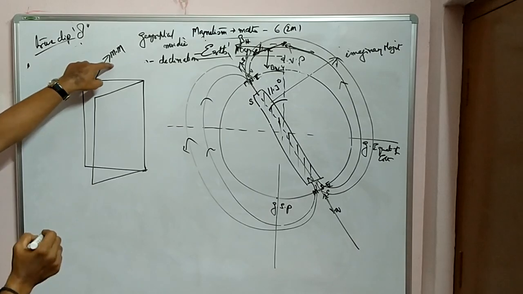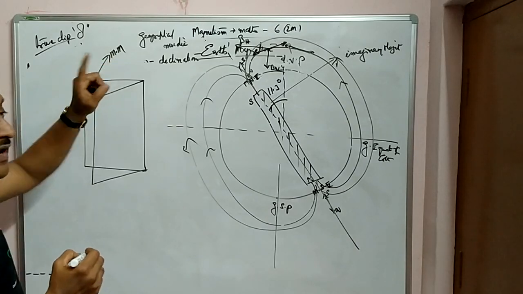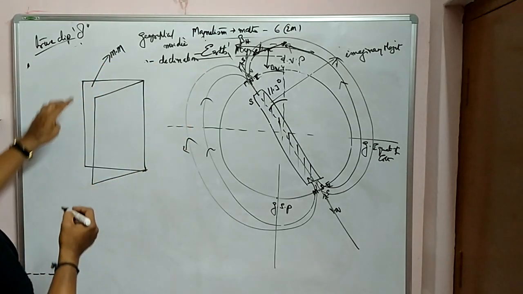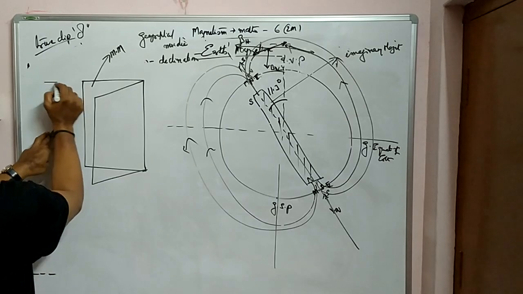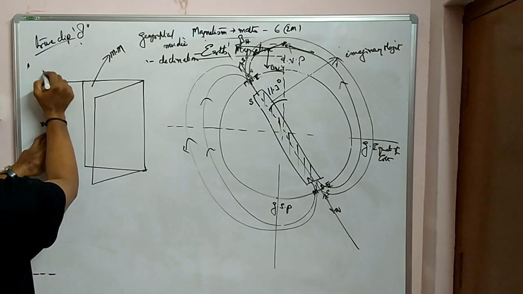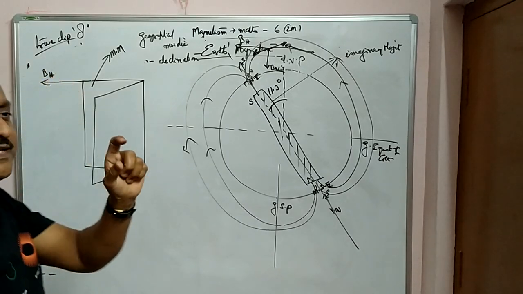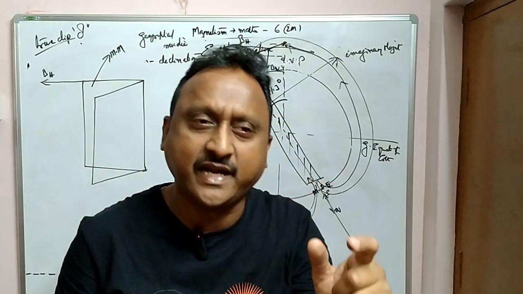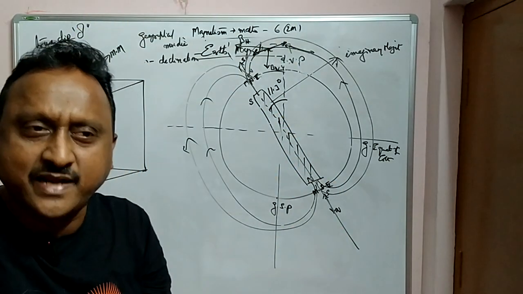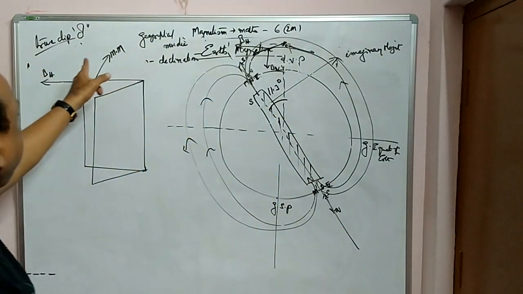Actually, the compass should be in this meridian. I told you always, the compass, if it is in the magnetic meridian, that is a plane passing through the magnetic axis, then it is true dip.